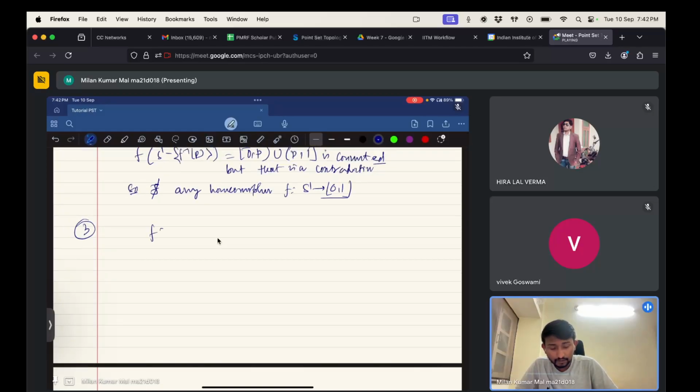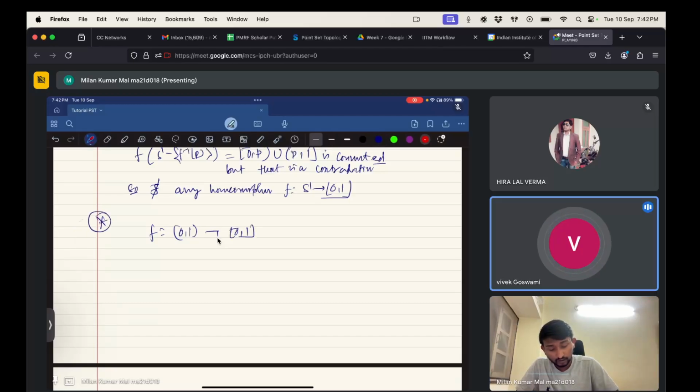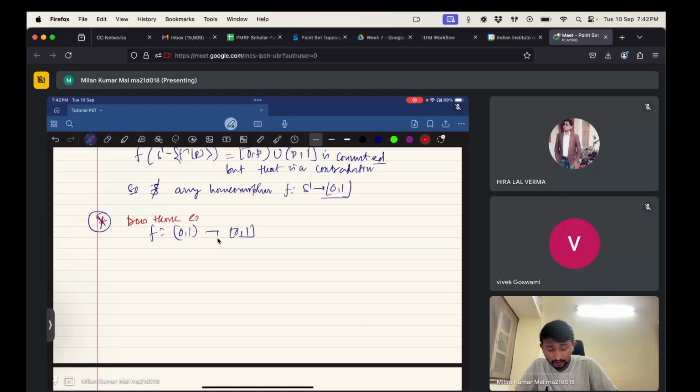You are asking whether there exists a continuous bijective function f from the open interval (0,1) to the closed interval [0,1], right?